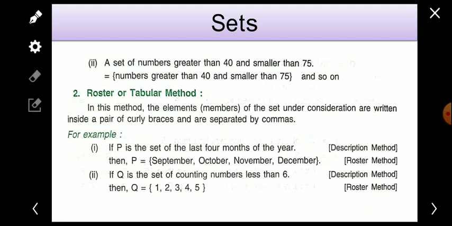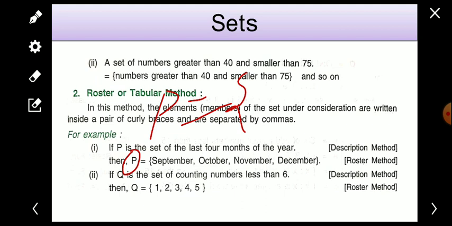Suppose that example 1 says that P is the set of the last 4 months of the year. We know that the last 4 months of the year are September, October, November and December. So we'll write P is equal to, and we'll put the curly bracket because we have to represent the set, and we know that sets are represented in curly brackets.